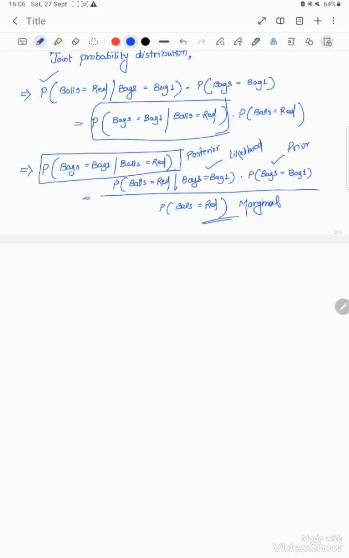Now it is easy to compute this. The probability of bags equal to bag 1 is also easy to compute because it is the prior. You already know that you have two bags, so if they are equally likely, the probability of choosing one bag is one half. So the probability of bags equal to bag 1 is basically half. The other things you can compute practically: you just choose bag 1, count, and get some number.